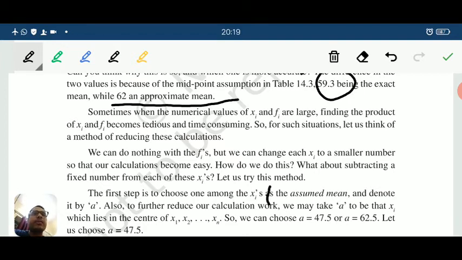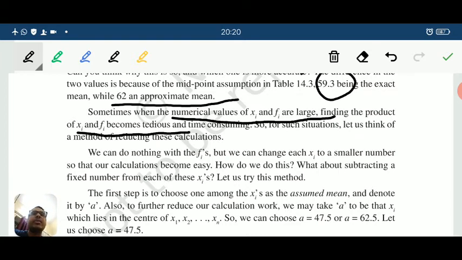So for this section, the next part of finding the mean using assumed mean, suppose the data is quite big, not as big as what we see here. When the numerical values of xi and fi are large, finding the product of xi and fi becomes tedious, isn't it?